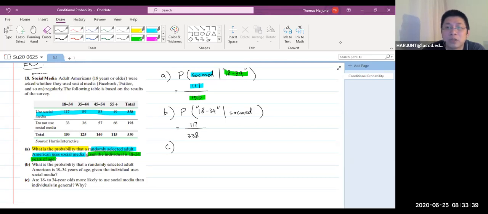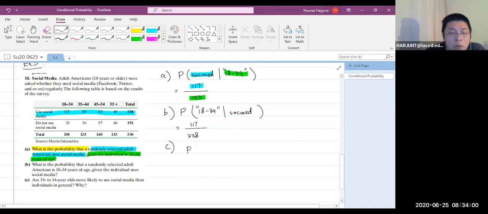Okay, it's good. Then, part C. Are 18 to 34 year olds more likely to use social media than individuals in general? To answer that question, we need to compute the following.